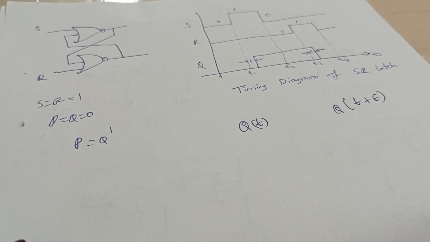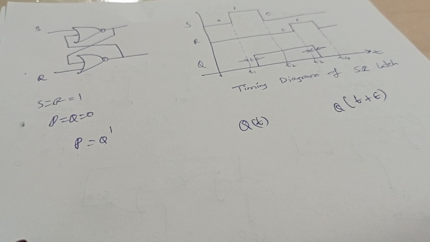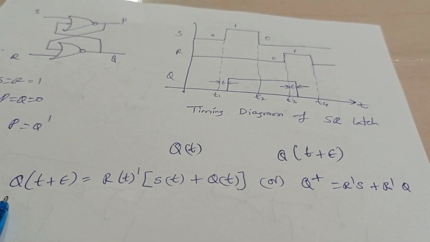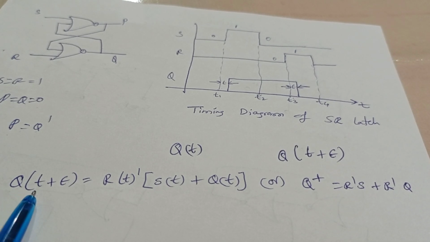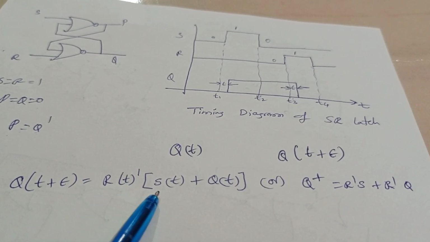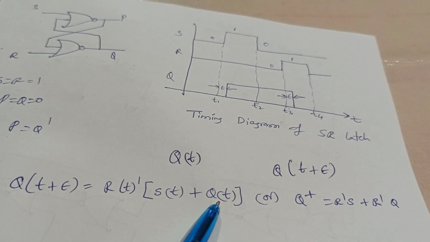An equation for Q of t plus epsilon can be obtained from the circuit by conceptually breaking the feedback loop at Q and considering Q of t as an input and Q of t plus epsilon as an output. Now the equation: the next state, Q of t plus epsilon, is equal to a function of R bar, S, and Q of t, that is, the output Q at present time.